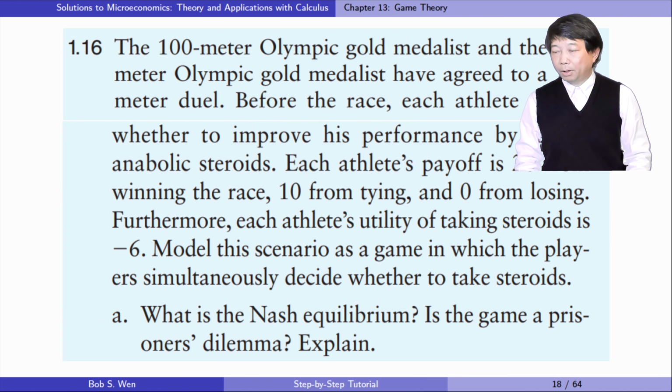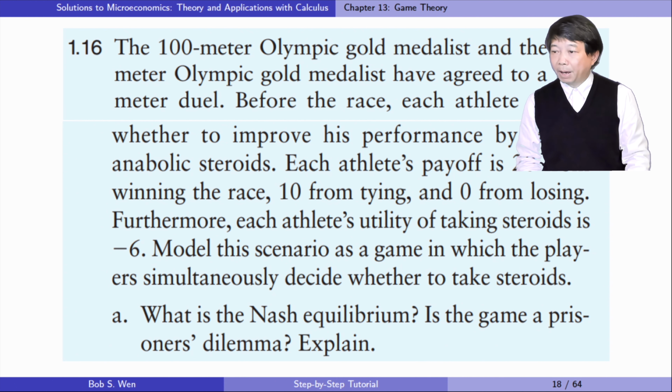Here's exercise 1.16. The 100-meter Olympic gold medalist and 200-meter Olympic gold medalist have agreed to a 150-meter duel. Before the race, each athlete decides whether to improve his performance by taking anabolic steroids.